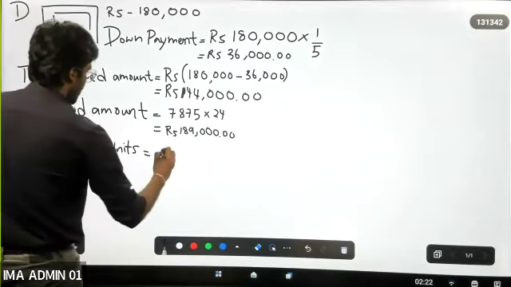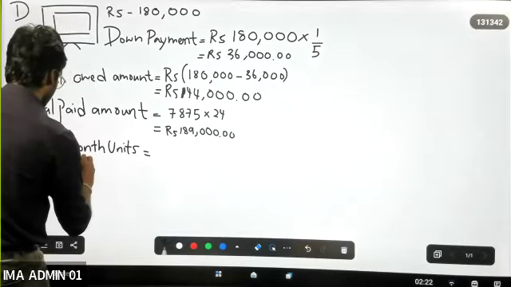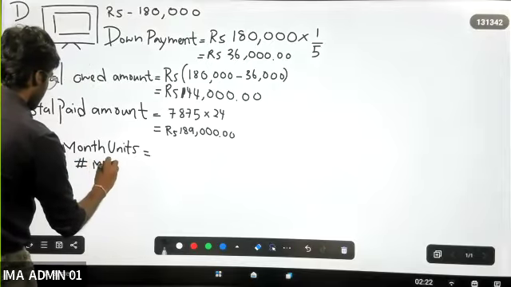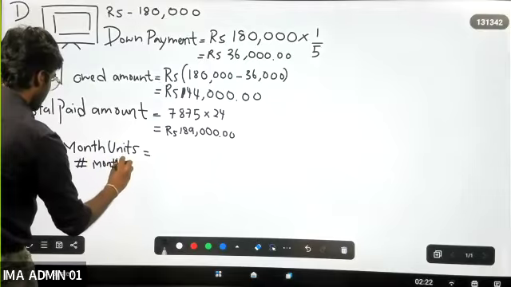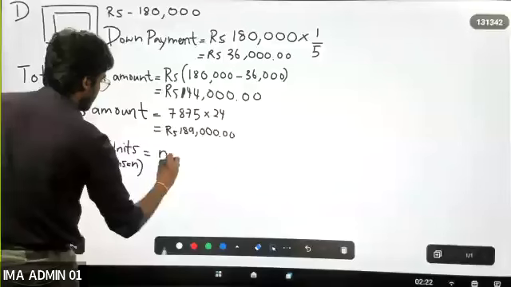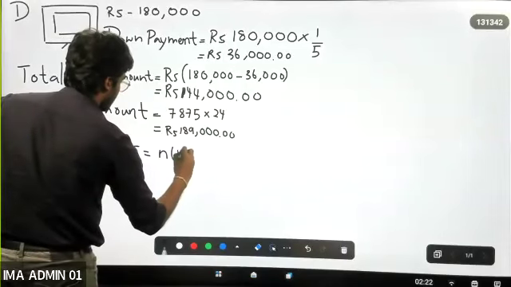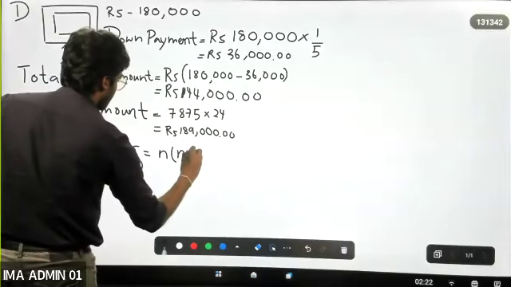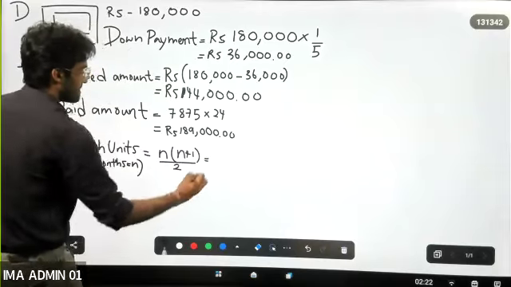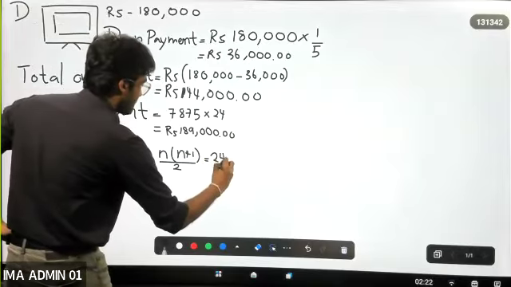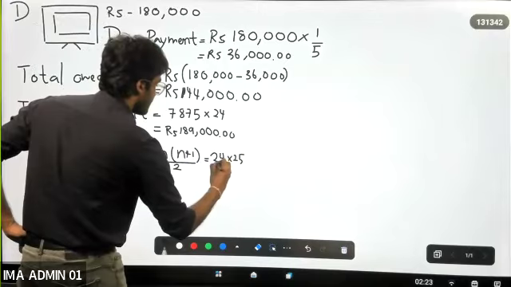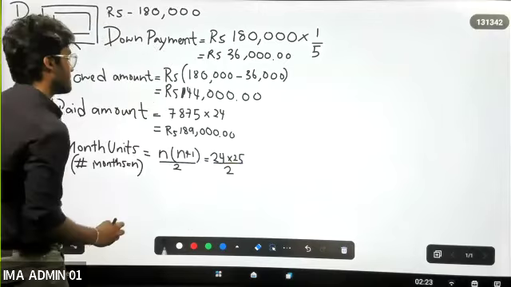Month units is calculated, if the number of months is n, as n multiplied by n plus 1 divided by 2. So here n is 24 and n plus 1 means 25, divided by 2.